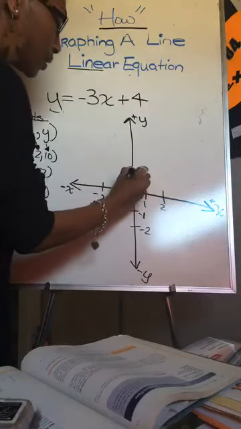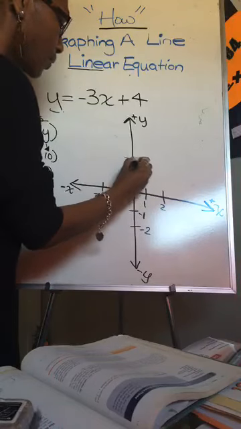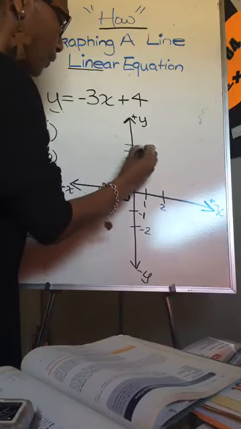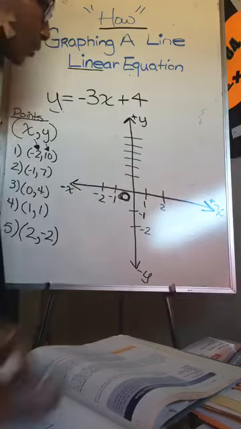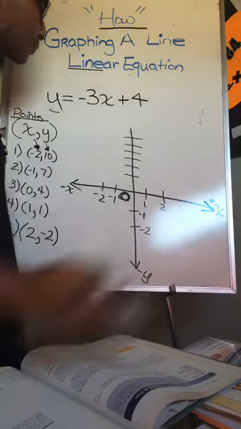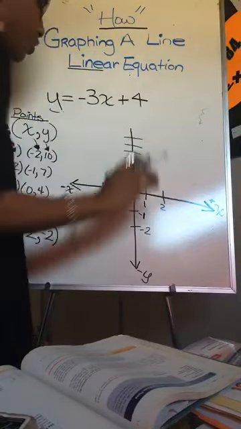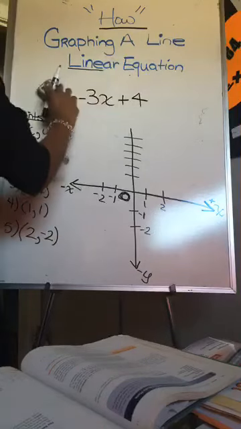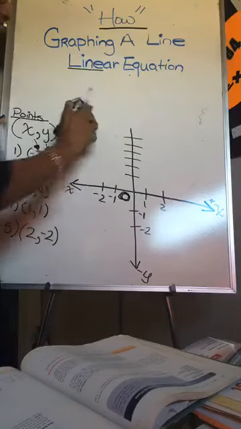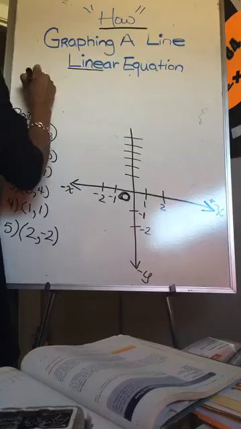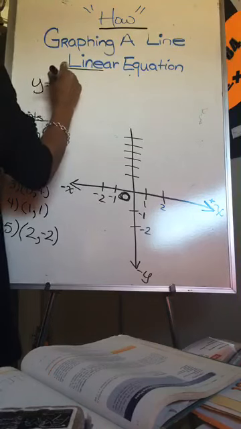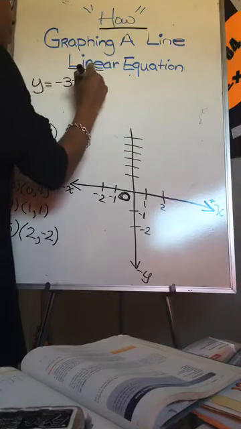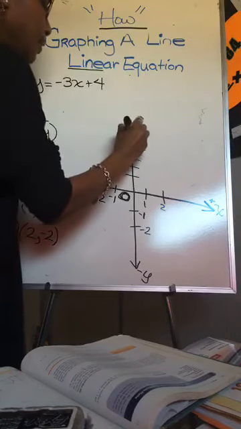Okay, so 1, 2, 3, 4, 5, 6. Uh-oh, I'm going to have to go a little higher. And I'm going to shift this up here. Let me rewrite this. So I have Y equals -3X plus 4. All right, because I need extra room.